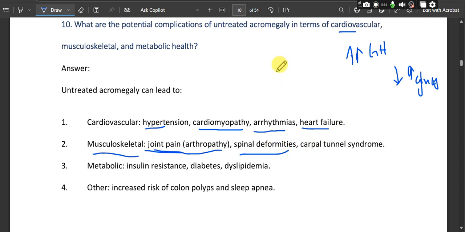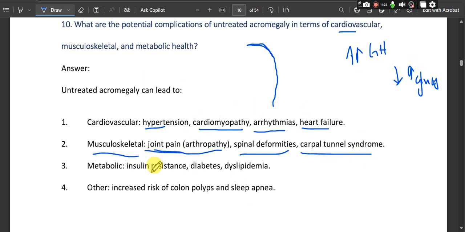You find a lot of people with acromegaly have a bump here on the shoulder, behind here, or the spine bends like this, because it's trying to grow more than it has already grown. They also suffer from carpal tunnel syndrome.